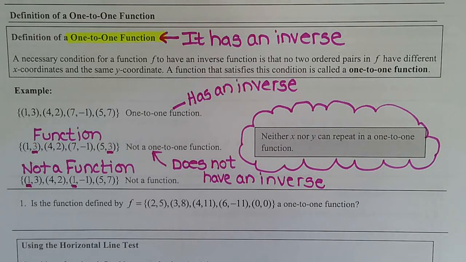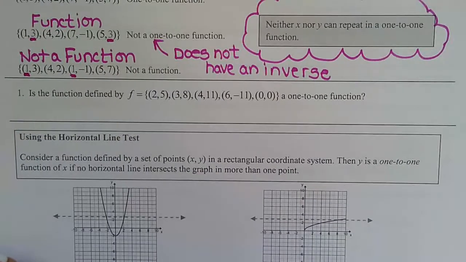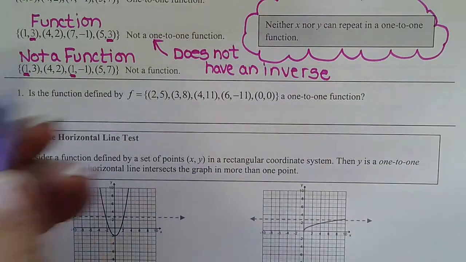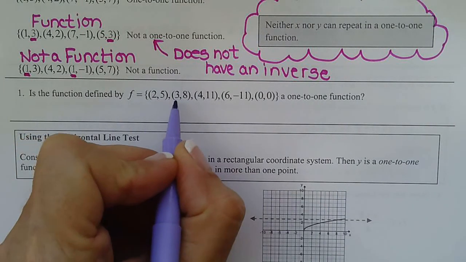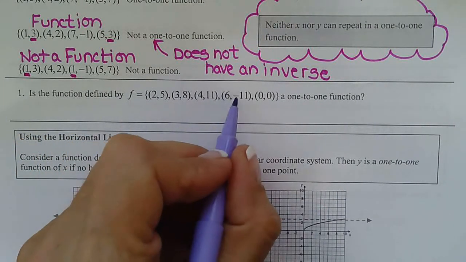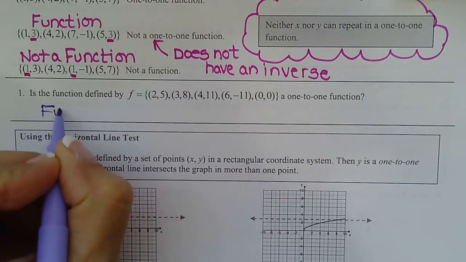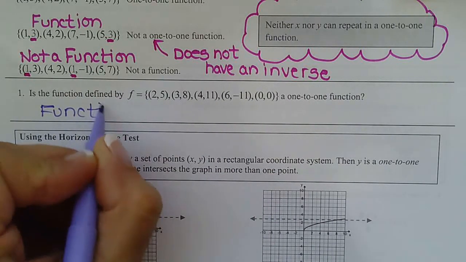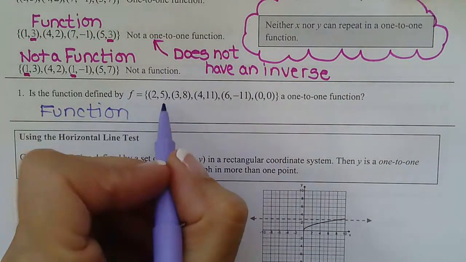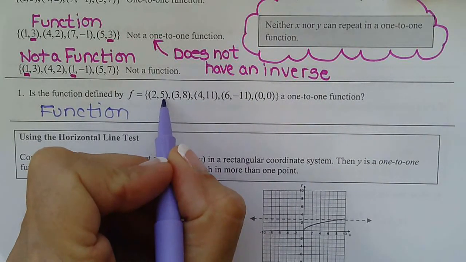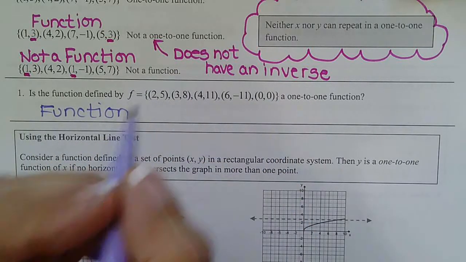Okay, let's take a look at this one. So is this one-to-one? So I look at my x's, 2, 3, 4, 6, 0. So it is a function. And it told us it was a function, but we always check anyway, because sometimes they don't tell you. So then I check the y's, 5, 8, 11, -11, 0.